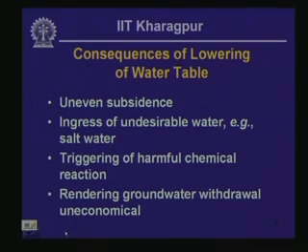That could actually lead to severe distress or functional difficulty of the building or its different facilities, and even some structural problems such as cracking of walls and plaster and so on and so forth. So, this is the problem that you might end up with if you have got a permanent lowering of water table. Another problem associated with permanent lowering of water table is ingress of undesirable chemical constituents.